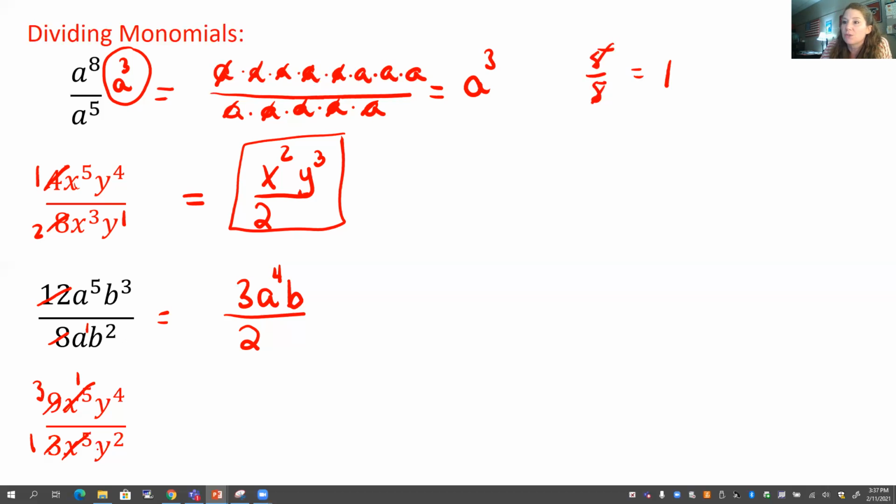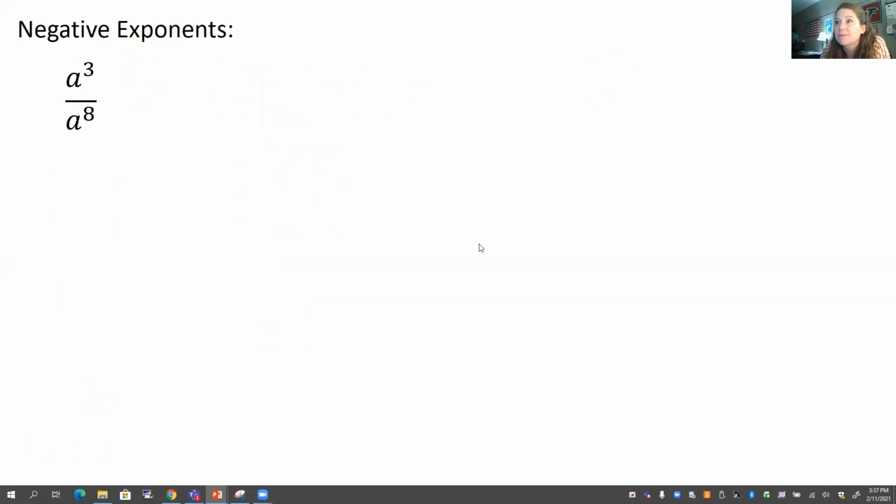So those are canceled. I have 1 and 1, and then I have 4 minus 2, which is 2 y's left, and is it on the top or bottom? There's more y's on the top, so I get 3y squared. That's my final answer because the only thing in my denominator is a 1. All right, hope that makes sense.